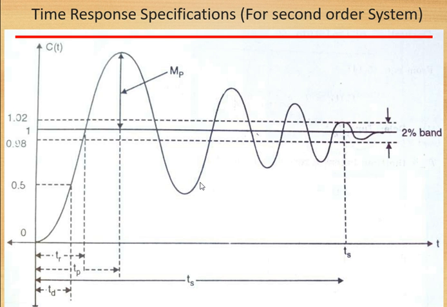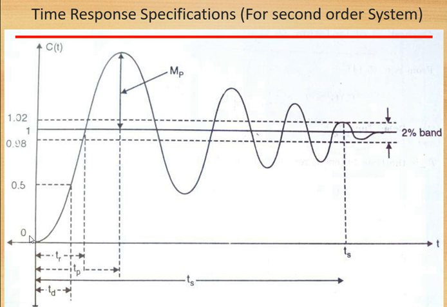Inside that, we calculated TR, we calculated TP, we saw the definition of TD, then the settling time, and after the settling time you get the steady state response. Of course there will be an error, which we will see in upcoming lectures, so don't worry about this. Let's summarize what we have seen here. First of all, we have to apply a step input, which in this case has an amplitude of 1.